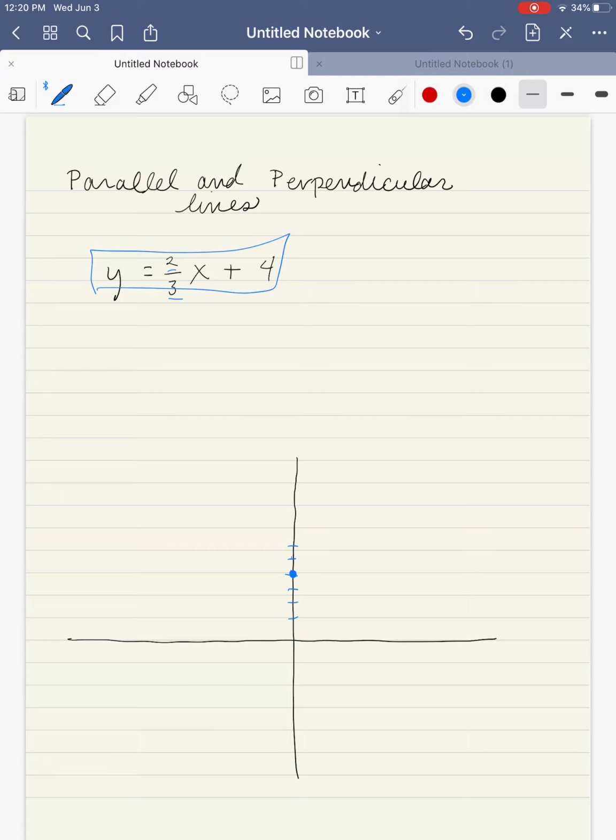And then look at my slope, 2/3. That means I go up 2 units and over 3 units. And I have another point, and I can draw my line.